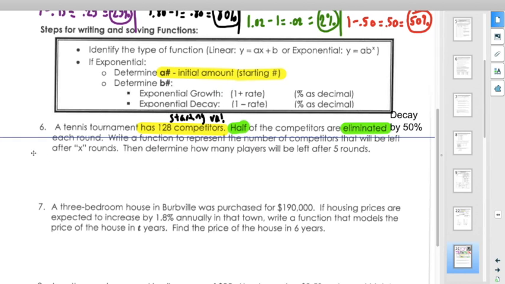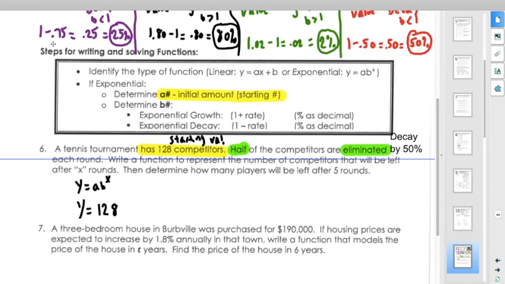So, if I know it follows the form of y equals A B to the x, I know my A is 128, so y equals 128. What is my B? I know it's going to be a decay by 0.5, right? So now I'm going to follow this piece here, just like we did up here, right?